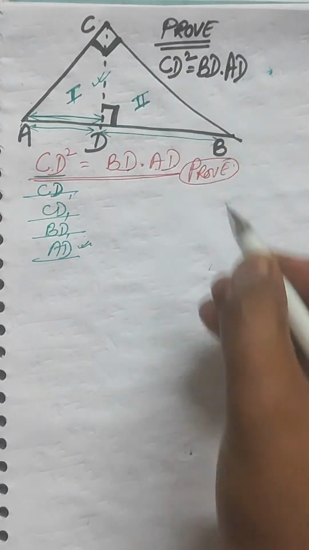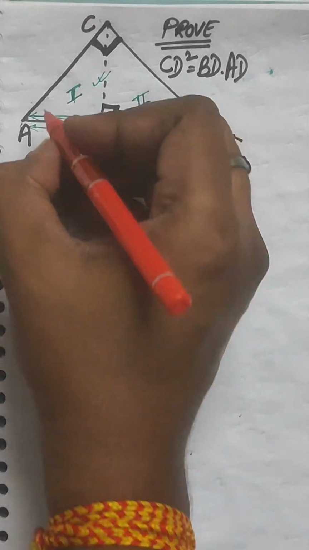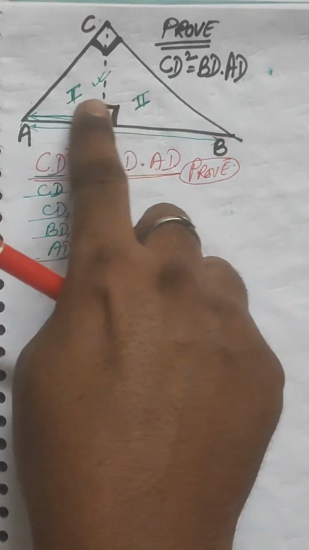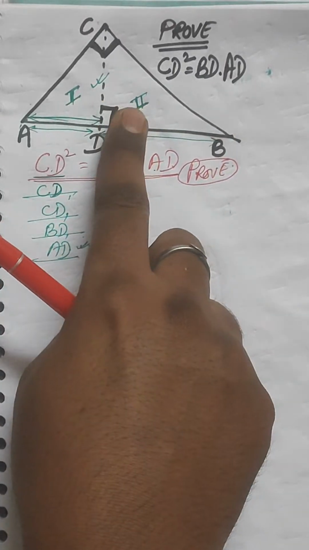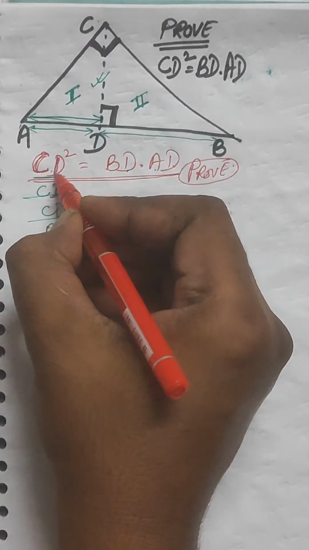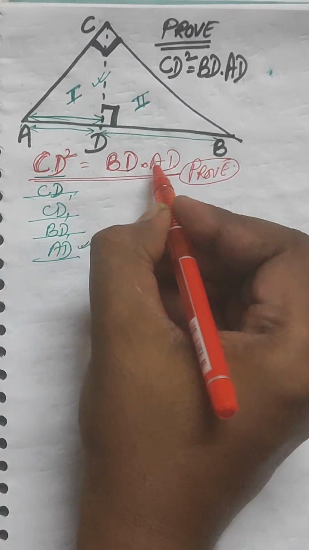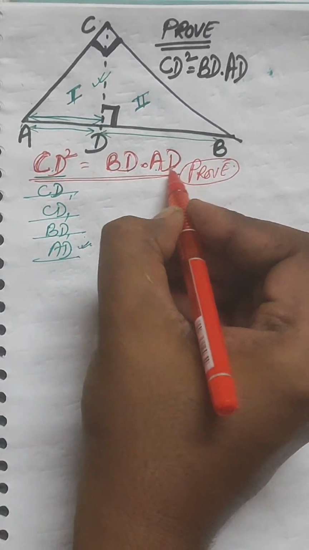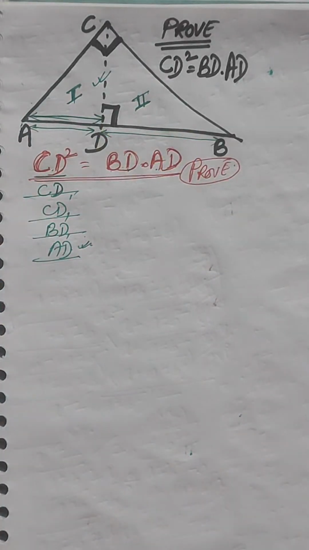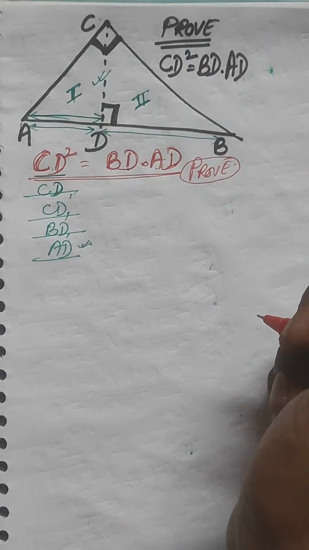Unless you prove the similarity, you are not able to prove CD square equal to BD into AD.